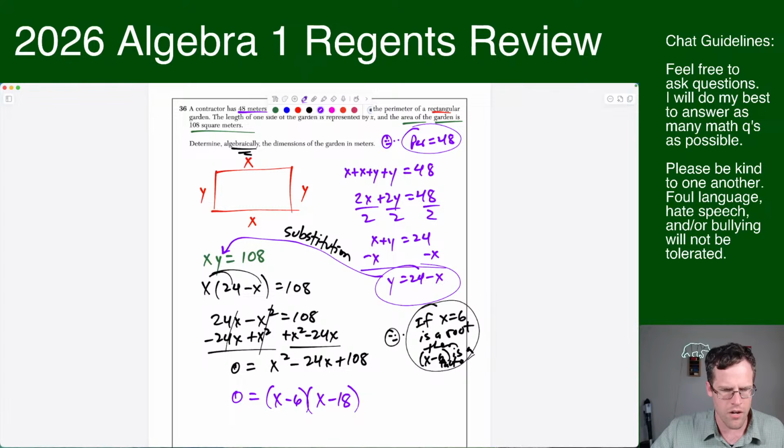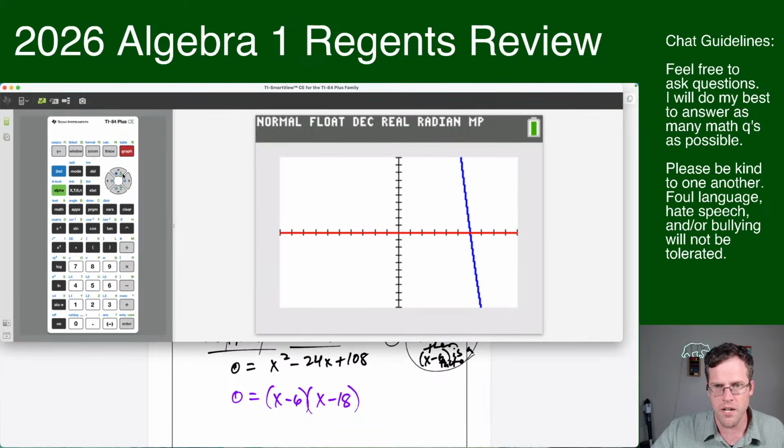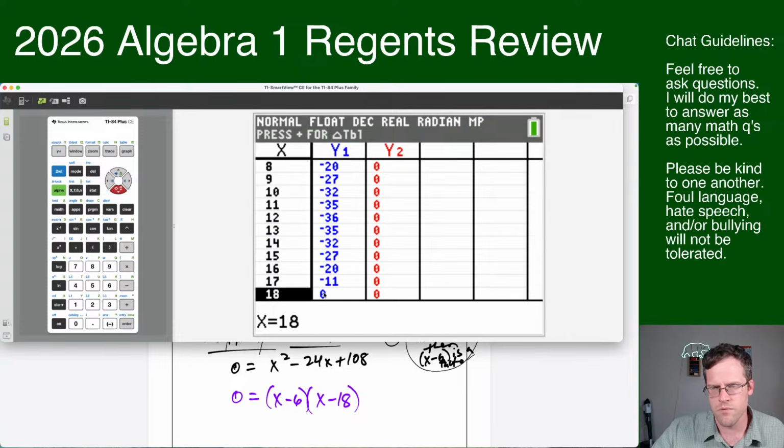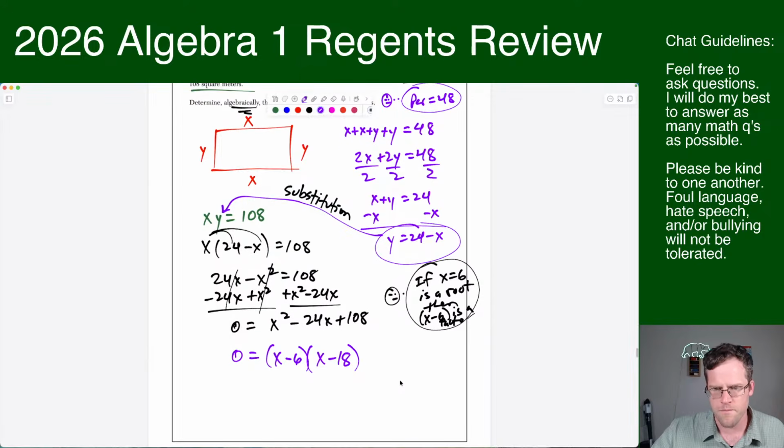I could even go back to the calculator and see that the other root should be at x equals 18. Second graph. And at x equals 18, you see I have my root. So it's definitely working. All right, and then I get two solutions here: x equals 6 and x equals 18. But watch what happens.